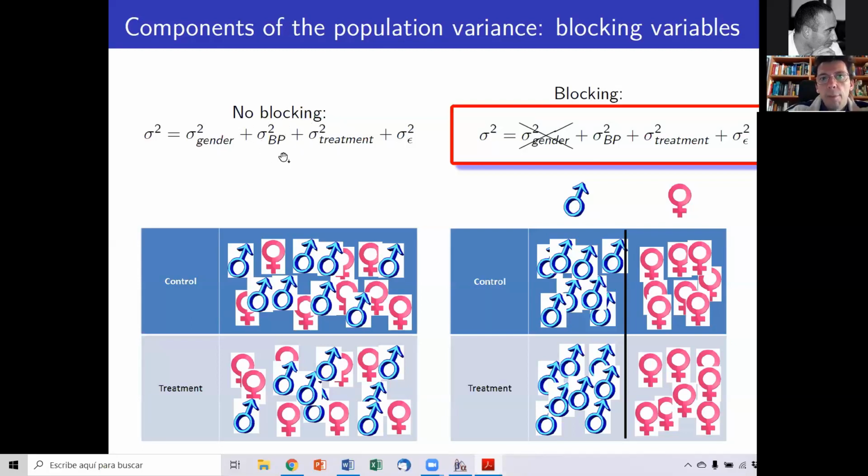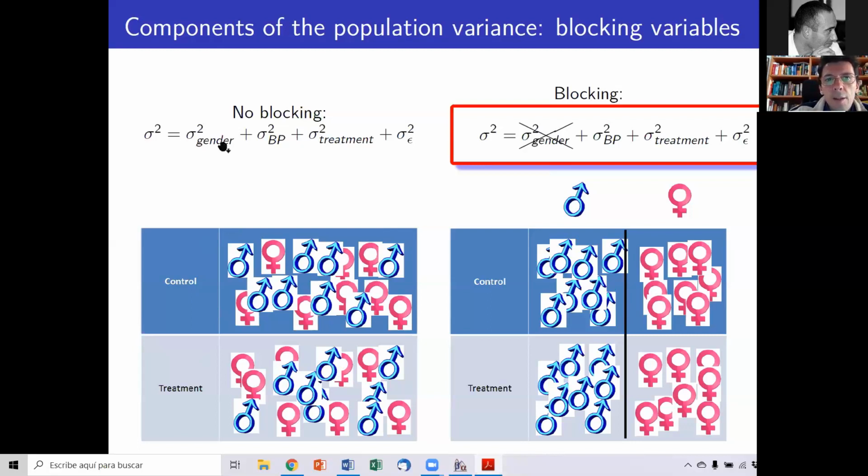And then I have the variability of the people and the variability of my observations. And by controlling the factors, if I do an experiment in which I have male and female individuals all together in the control and all together in the treatment, and I don't distinguish them, for me, they're all the same.